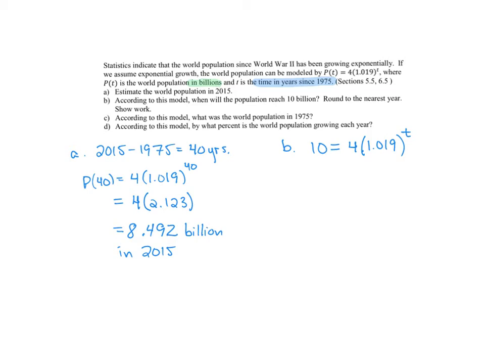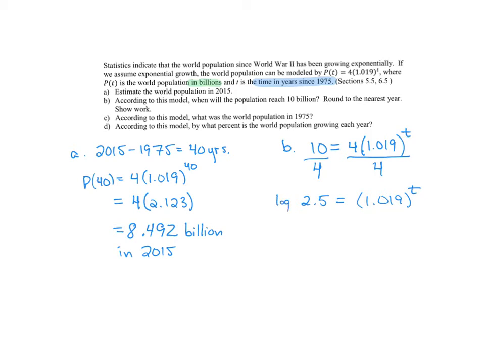The first thing I want to do is get the exponential by itself. So I want to divide by 4. If we divide 10 by 4, I get 2.5. And I'm going to just work with decimals because it's a little easier in my calculator. Now we do have an exponential equation here. So if you recall from 2 presentations ago, the easiest way to solve an exponential is to take the logarithm of both sides.